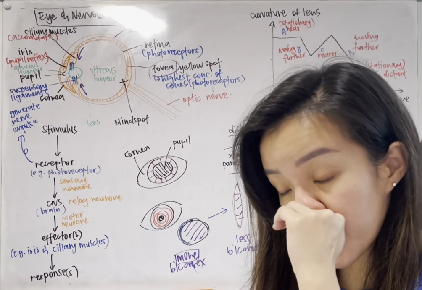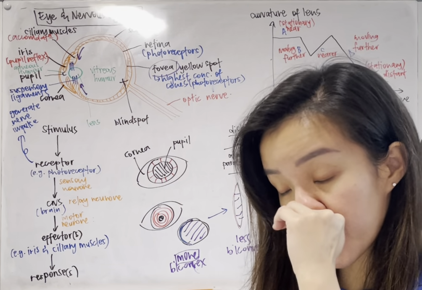For C, can you help me write down now? The old man is stationary and furthest away from his wristwatch. Hence, the lens is the thinnest. To refract more or less light, Aiden? Refract less light.